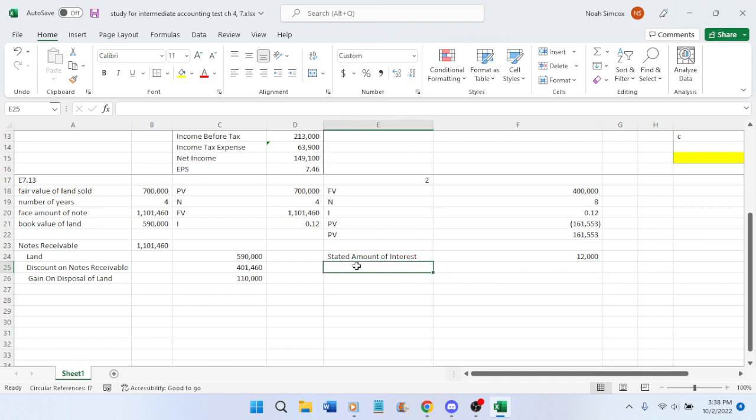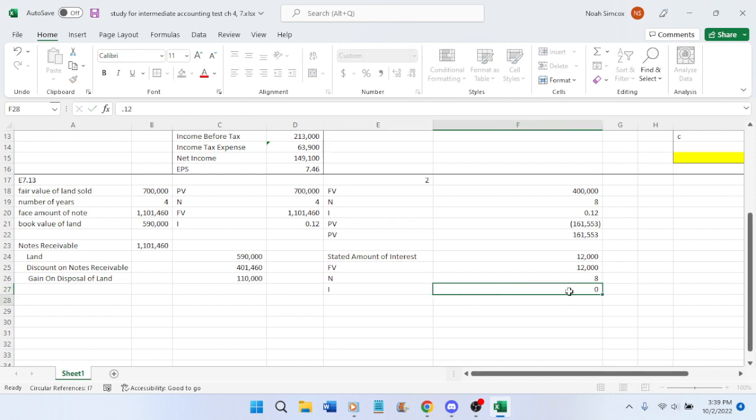So the stated amount of interest is the future value. Interest. The real interest rate is 12%, apparently. Is that what you do? Is there a shortcut for doing this? No.